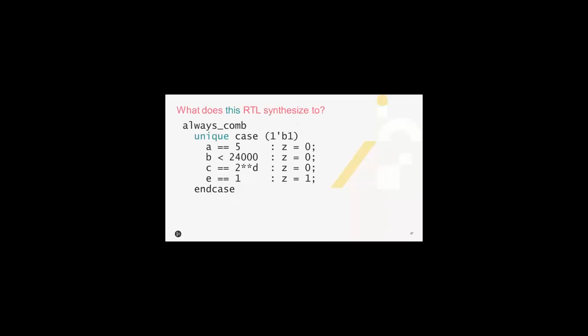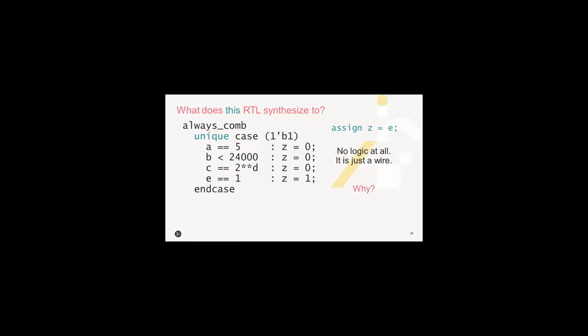Now the designer has gone away and decided they want to change the RTL and put the term unique there. Now, what effect does this have on the synthesis? Well, it's dramatic. It's staggering, the effect that has. Literally all of the logic is completely optimized away and we're left with just a single wire. Now why is this?